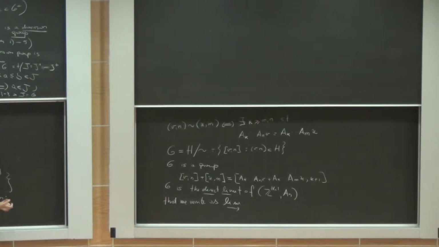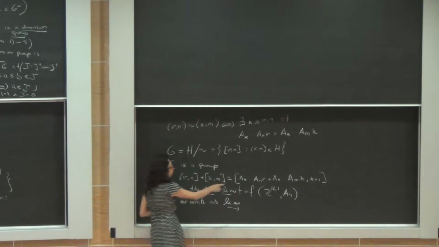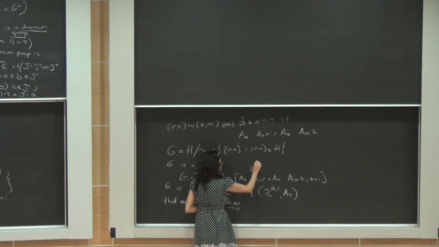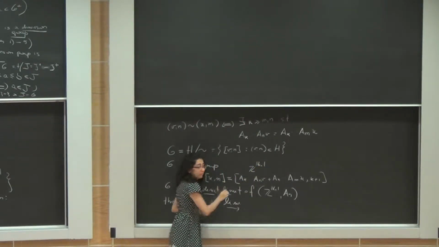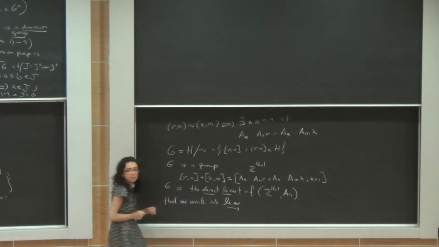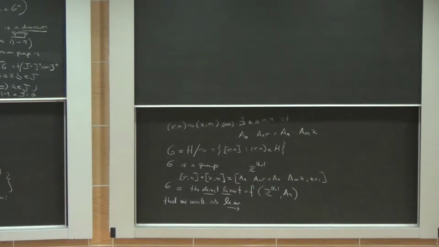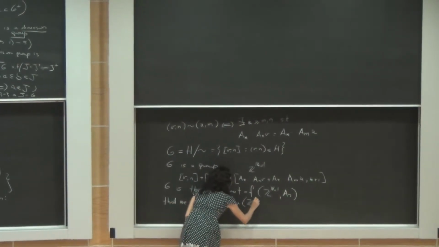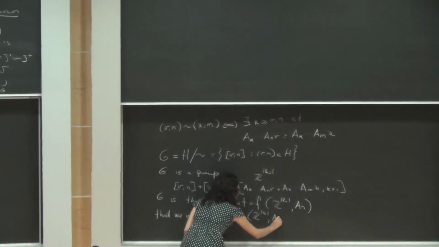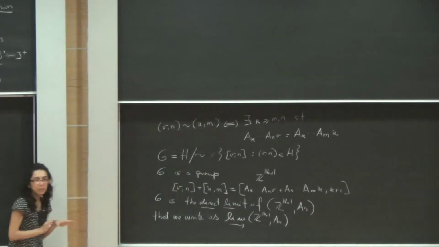The plus here is just the plus in Z^{V_{k+1}}. Okay, so this is a group.